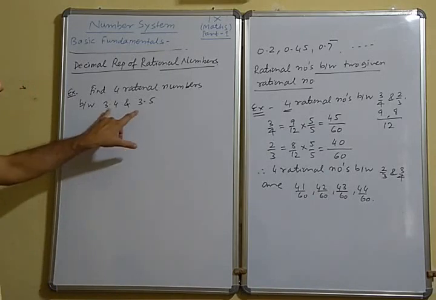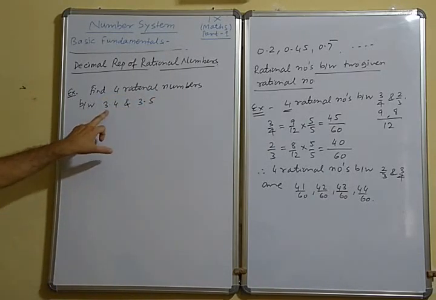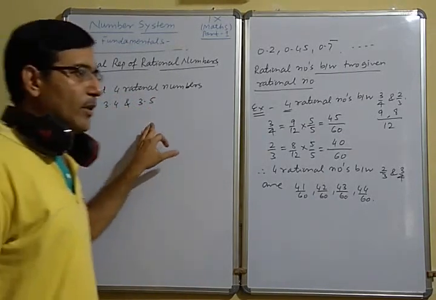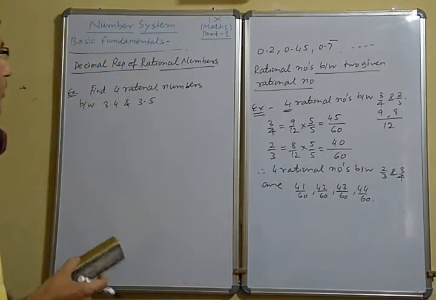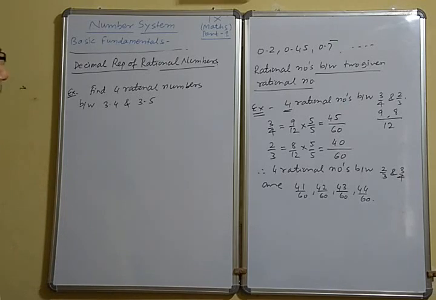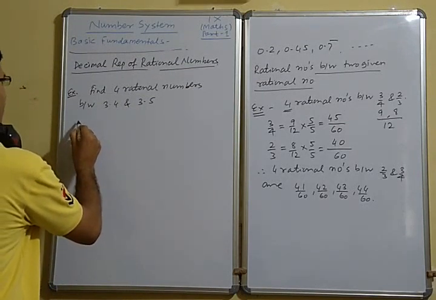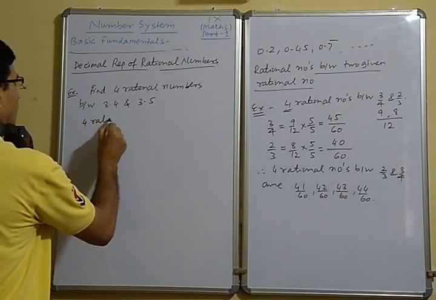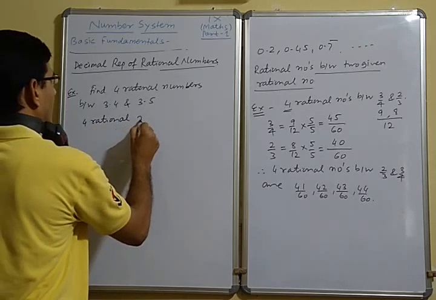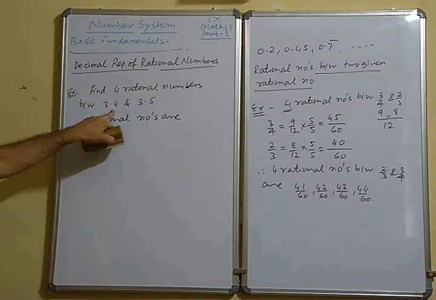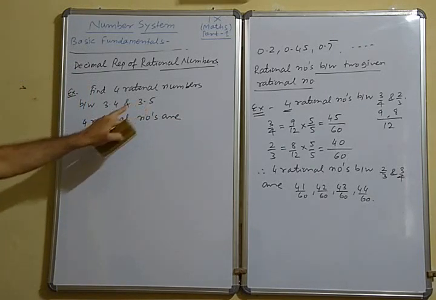So now you have to insert 4 rational numbers between 3.4 and 3.5. No need to convert it into the form of P by Q. Here we can use the decimal representation of rational numbers, so directly we can find out the answer.